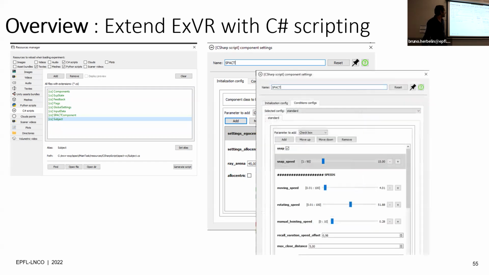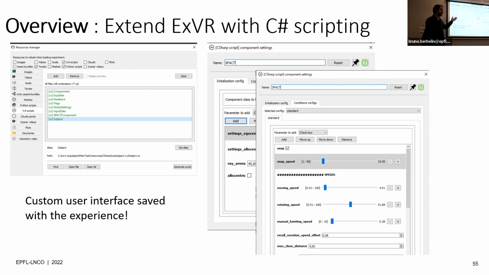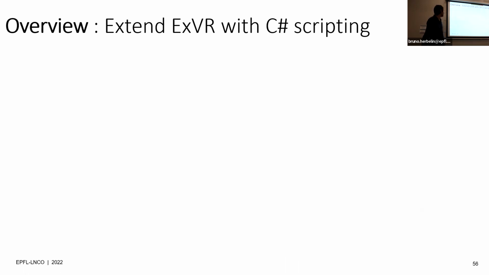Same thing for the condition config: if I want to change a value like speed. As an engineer, you don't want to spend hours fine-tuning parameters, because most of the time you don't know more than the researcher what he wants. So you can offer settings and help the researcher get exactly what he wants. And this interface is saved in the XML file too.